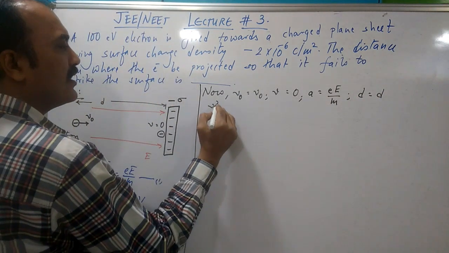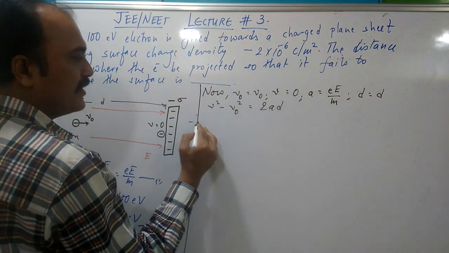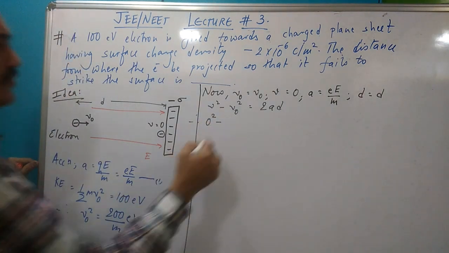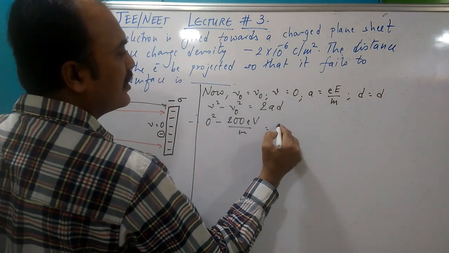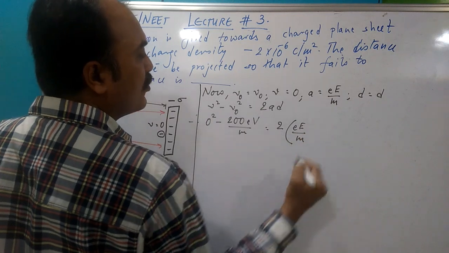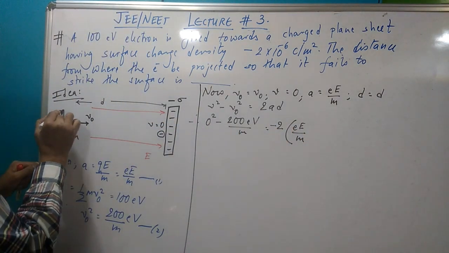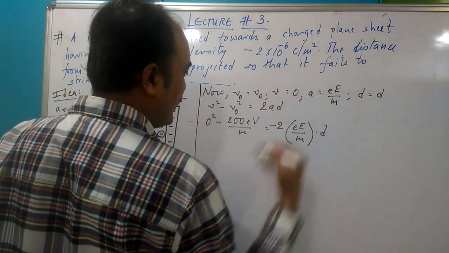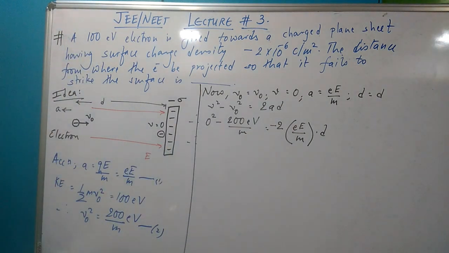So v square minus v0 square is 2ad, final is 0, and v0 square is out here, 200 eV by m, electric field E. But do not forget there has to be a minus sign since acceleration is in opposite direction. This is the direction of acceleration into d. Minus minus goes away, and let us now substitute the values.